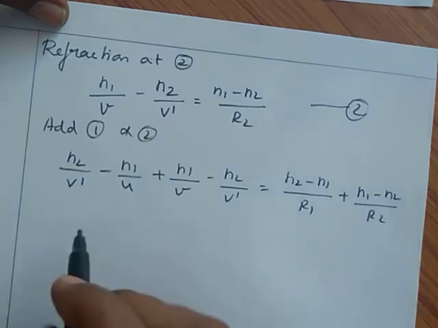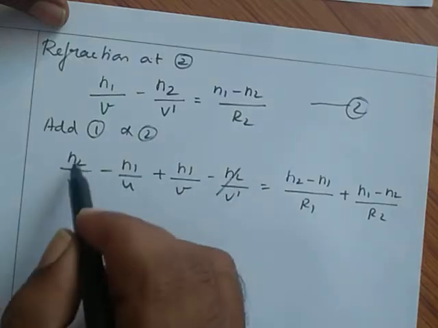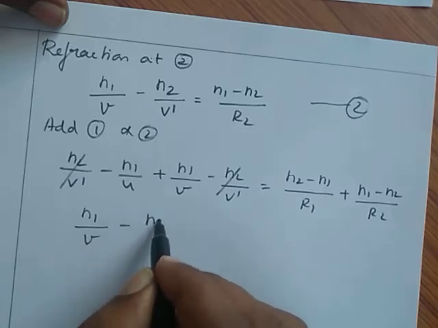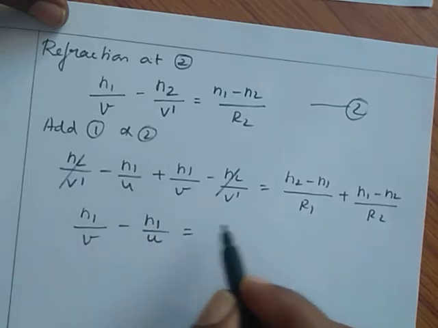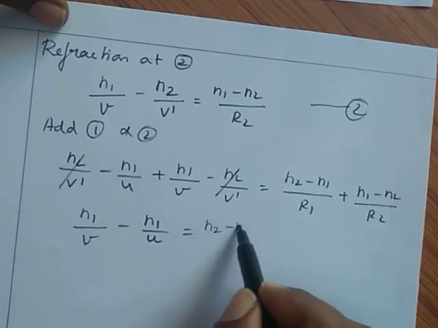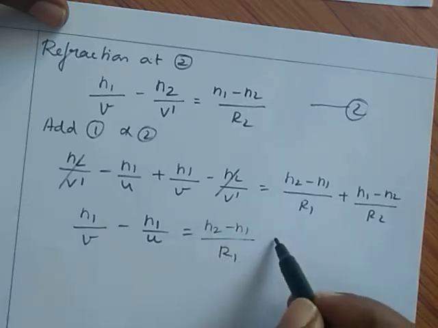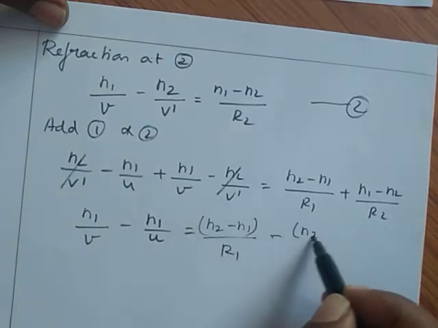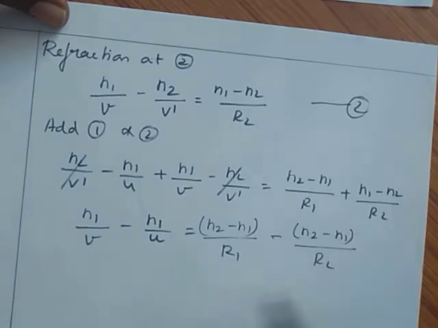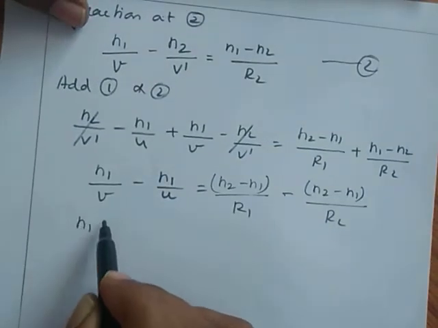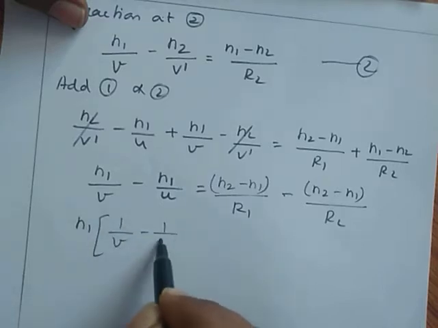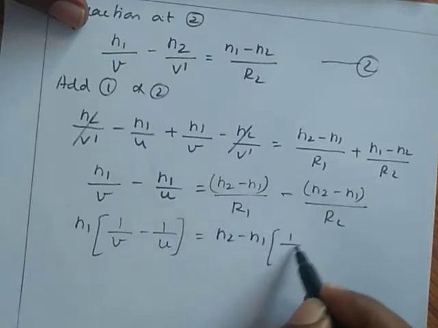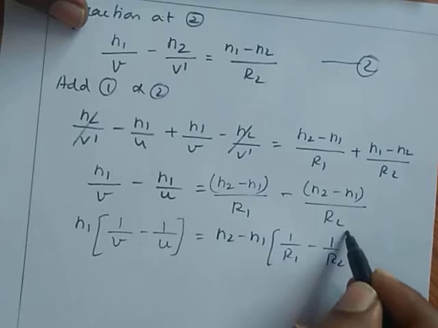Then solving this, the terms cancel and we get n1 by v minus n1 by u equal to (n2 minus n1) by r1 minus (n2 minus n1) by r2. Taking the common term, n1 is common, then 1 by v minus 1 by u equals (n2 minus n1) times (1 by r1 minus 1 by r2).